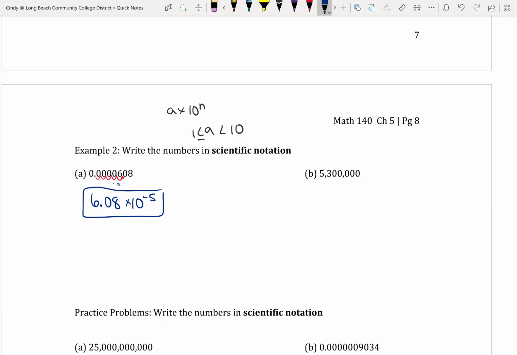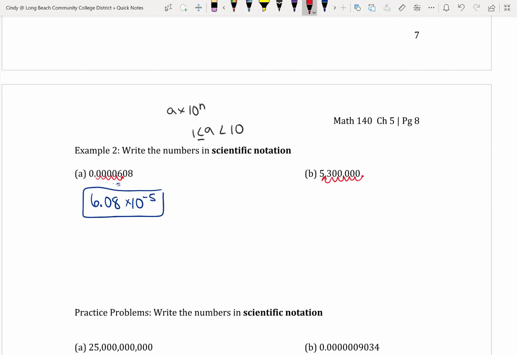Now I'm going to look at part B. If I look at part B, this number is definitely more than 2 digits. It has to be 1 digit. So let's see where it's going to be. So this is my decimal, where I start behind the last digit, if it's not already given to me. So I'm going to keep moving it over. Well, if I stop here, that's 53. That's bigger than 10.